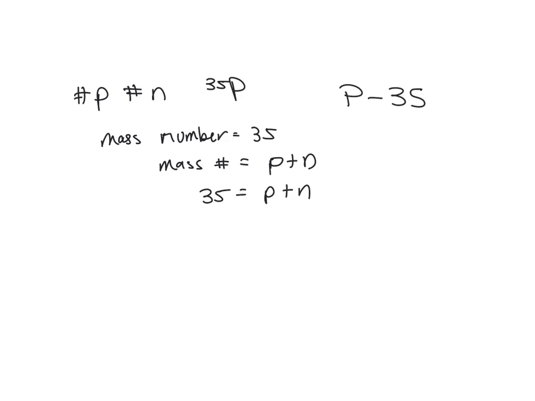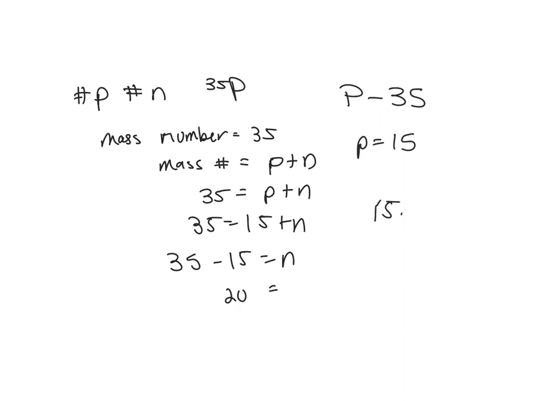And I see that it's 15. So protons equal 15. So 35 equals 15 plus N. 35 minus 15 equals N, and 35 minus 15 is 20. So 15 protons and 20 neutrons. And make sure that you get the P and the N in the right order. The answer is D.